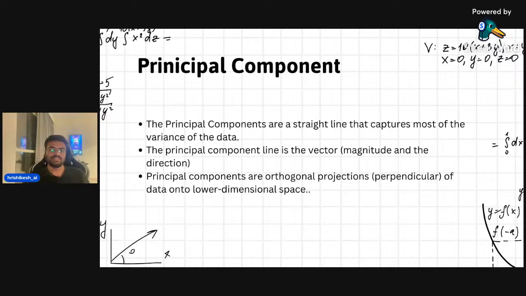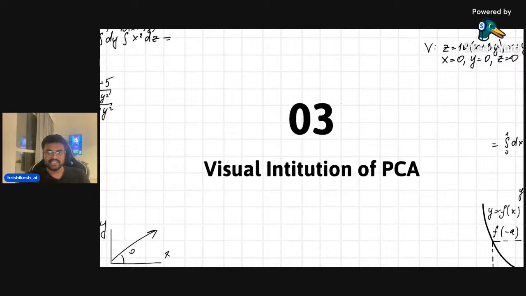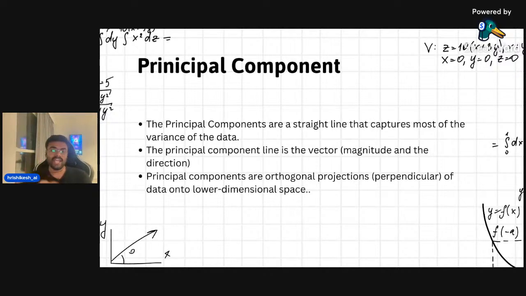Okay, you can see in the next, in visual intuition, what is orthogonal projection and why it is not similar to the linear regression or the regression line that we have seen till now.